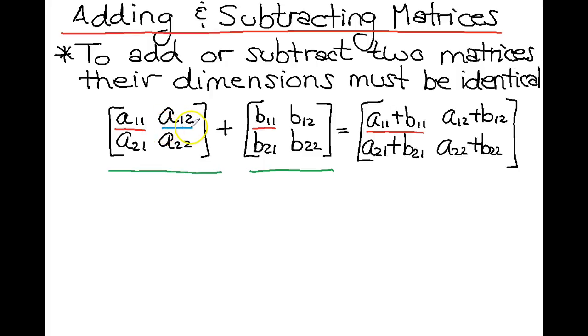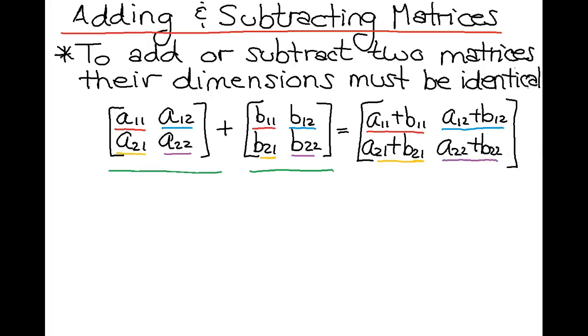Then you would add the element in row 1, column 2 to the element in row 1, column 2, and your answer would go into row 1, column 2. Then you would add the elements in row 2, column 1 together, and your answer would go into row 2, column 1. And lastly, row 2, column 2, you would add these elements together, and you would place your answer in row 2, column 2.